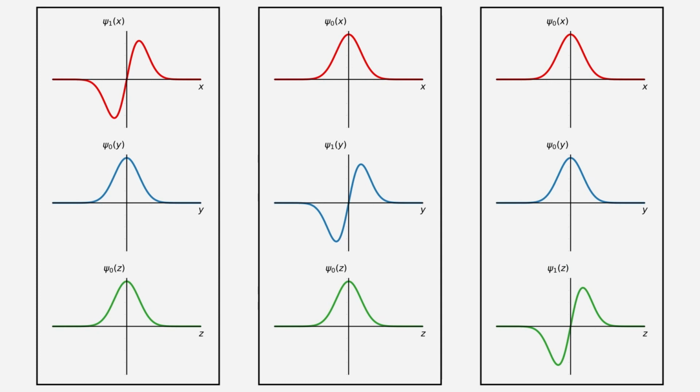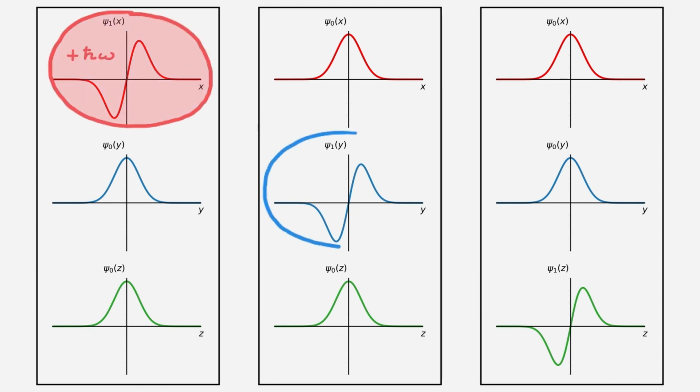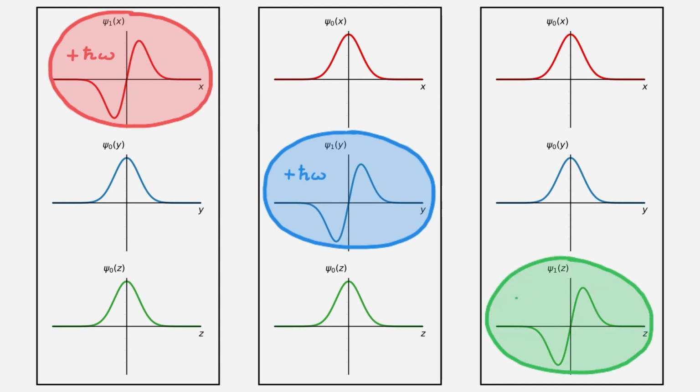We have three different possibilities with the extra quantum of energy along the x, the y, or the z directions. And these three possibilities give a triply degenerate first excited state.